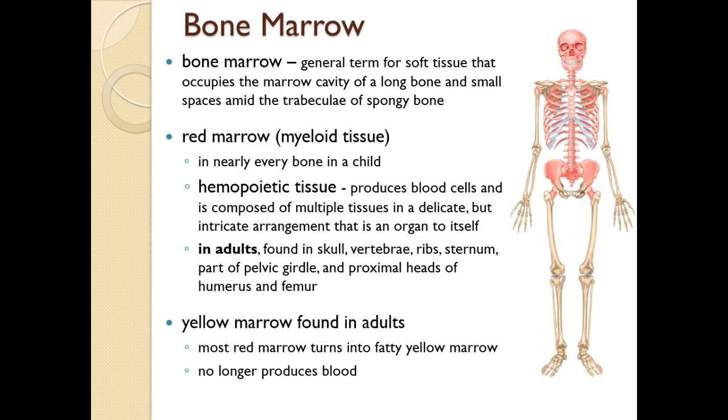So here's the humerus. So the proximal head of the humerus is here. So in adults, that's where we have red bone marrow. Only in those two parts of long bones. And then also in the skull, vertebrae, ribs, sternum, and parts of the pelvic girdle.